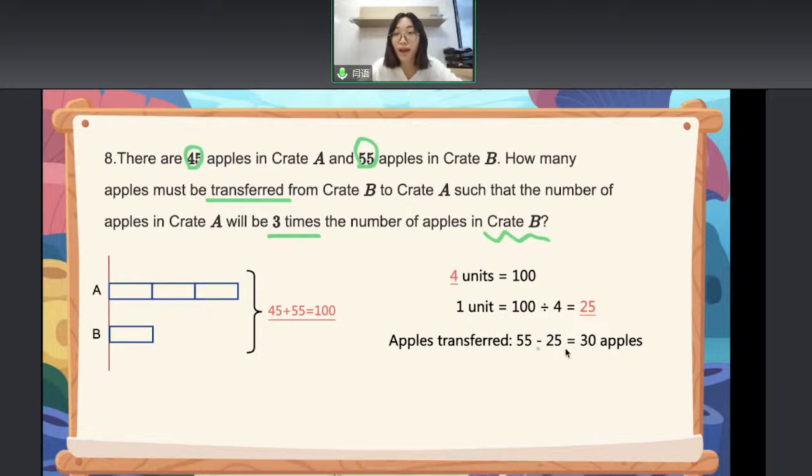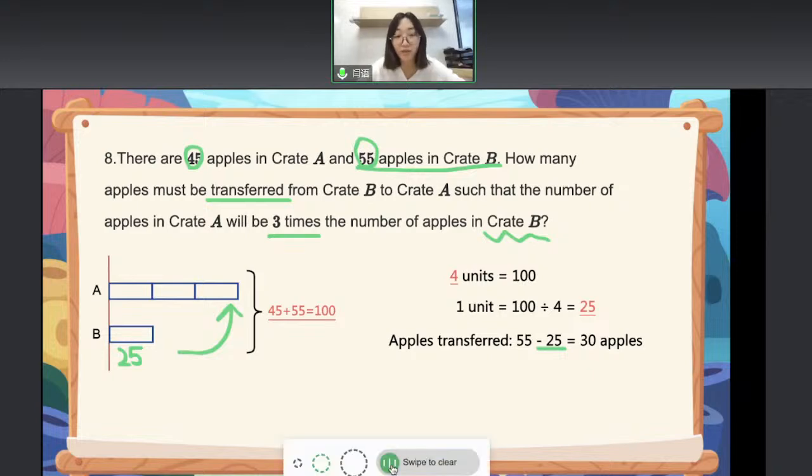Why do we need to minus 25? You see that at the very beginning, there were 55 apples in crate B. And then in the end, there were only 25 apples. Why? Because actually for 30 apples, we just move them to crate A. Understand now?